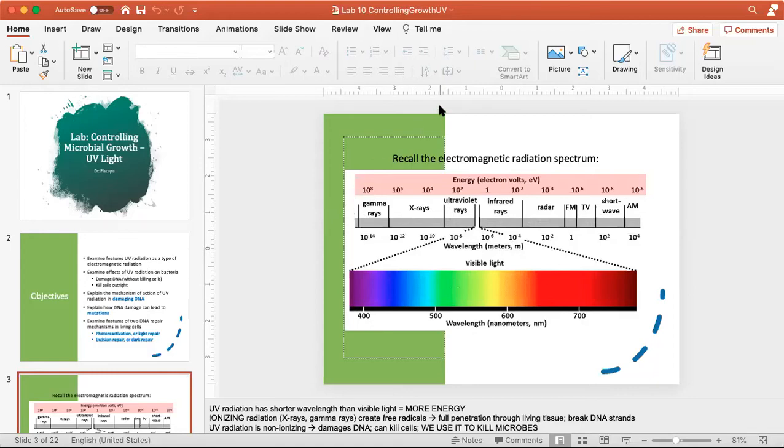Now, remember from your physics classes that what makes electromagnetic radiation kind of special in the physical world is that it has this unusual property of traveling as both a wave and a particle. Remember when you learned about light and they talked about how light travels as a wave. It has the shape of a wave on an oscilloscope, but it also behaves like a particle, which is why we talk about photons of light.